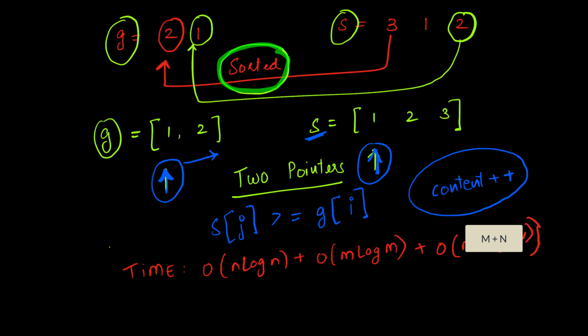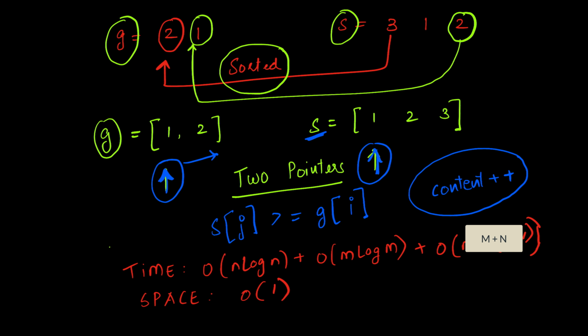It is because we are first sorting both of the arrays G and S. So n log n and m log m represent the time complexity for sorting, and O of m plus n represents the time complexity for running two pointers on both of the arrays. This can further be simplified as the time complexity being O of n log n plus O of m log m. And the space complexity is O of 1, as we are using two pointers and the content counter to record the total number of children whose greed factors were met.